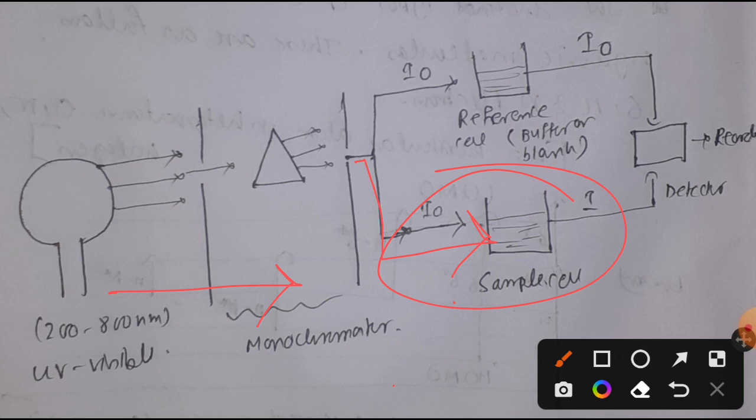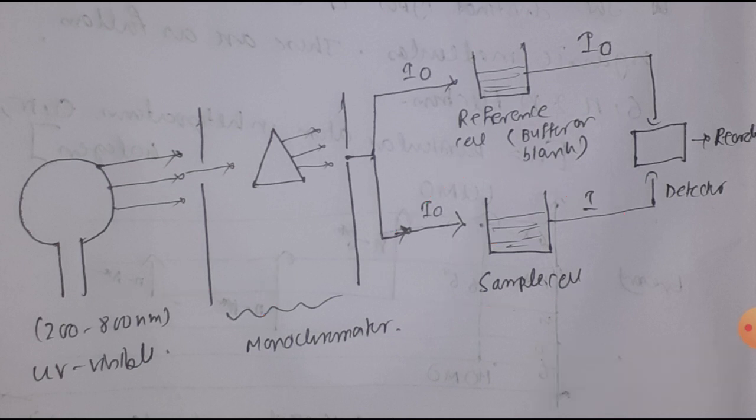The sample will gain some energy, okay, that will cause some changes in it. Okay, and in case of UV visible spectroscopy, the change is an electronic change. Okay, this electronic change is due to the transition of its valence electron from the lower state to the higher state. Okay, that is just like, suppose you have eaten something and as a result you are excited.